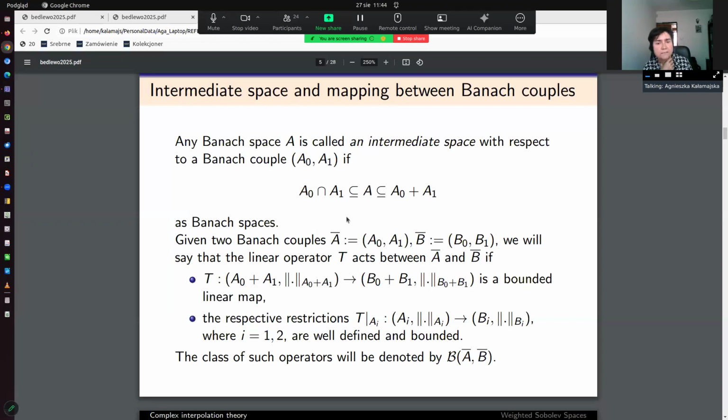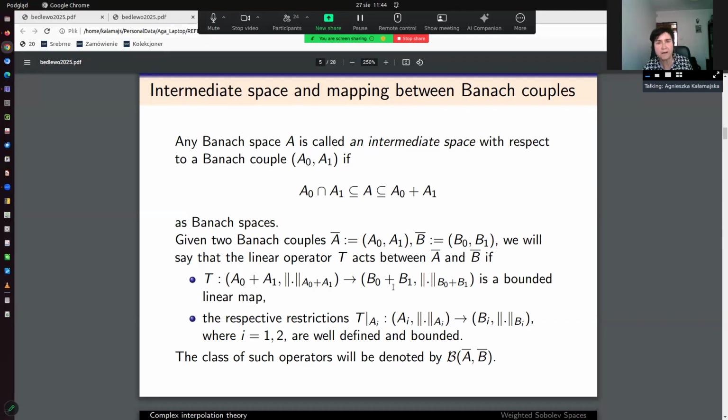Then let us say, what does it mean that there is an operator which acts between Banach couples? We say the following. It acts between A bar and B bar, two Banach couples, if it acts as a bounded linear map from A0 plus A1 into B0 plus B1. This is a Banach space, A0 plus A1, and this is a Banach space, B0 plus B1. So T must be a bounded linear map from A0 plus A1 to B0 plus B1.